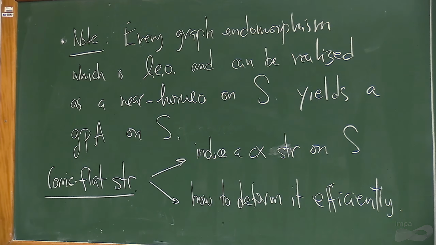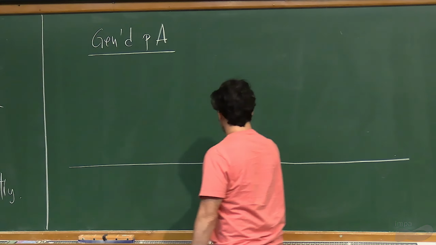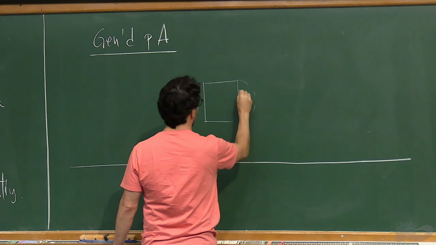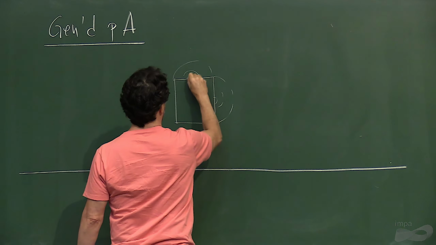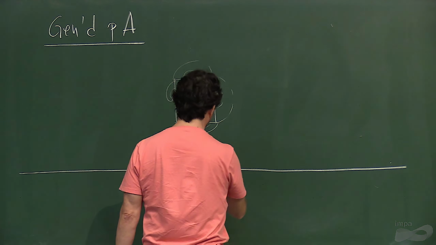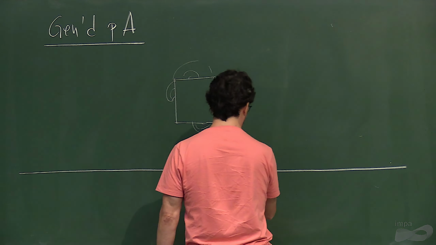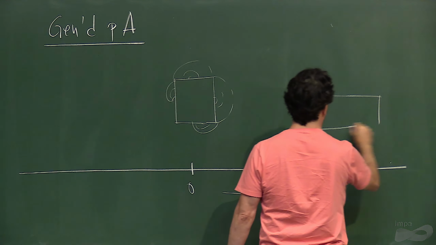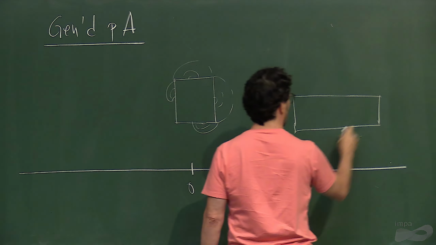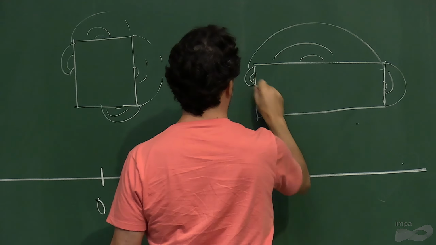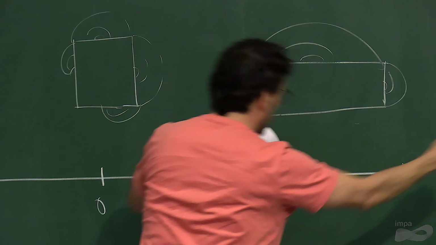Okay, so here's the line in Teichmüller space, and maybe at this point here you have the square with the identifications. This is like 0. If you move here, you squeeze the vertical direction and stretch the horizontal direction.